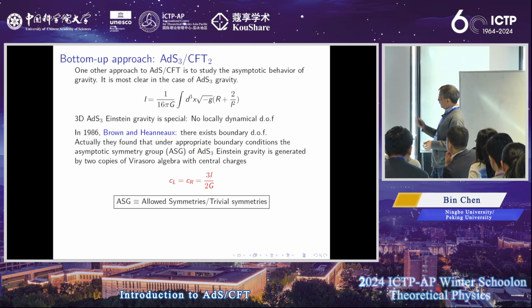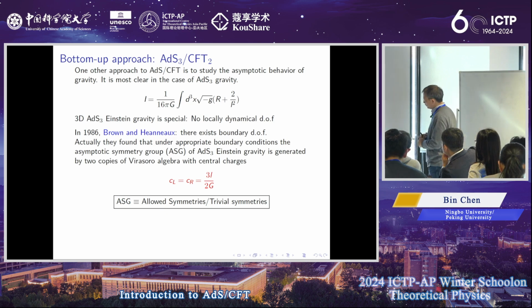So it's not easy to construct a conformal field theory with a large central charge. But some people once proposed that this dual CFT could be a Liouville field theory. And Liouville field theory could have a very large central charge. But Liouville field theory is quite complicated.